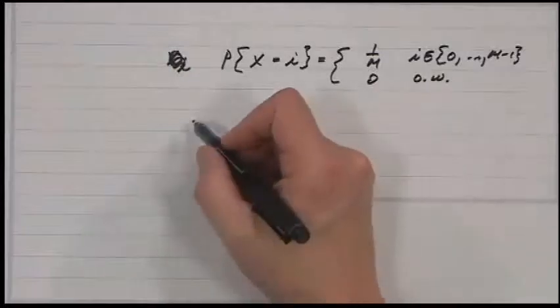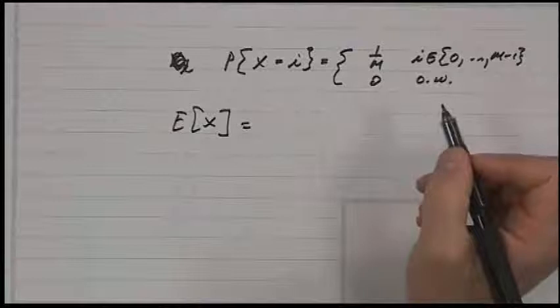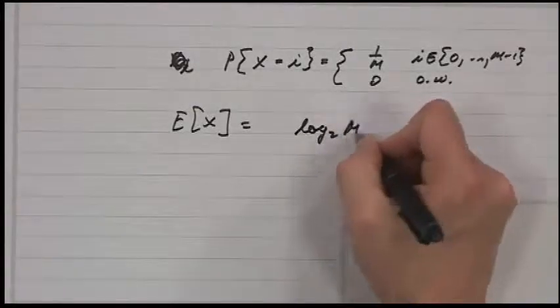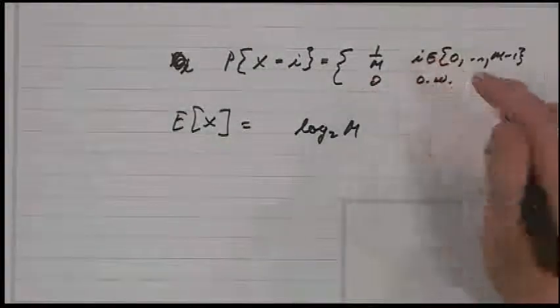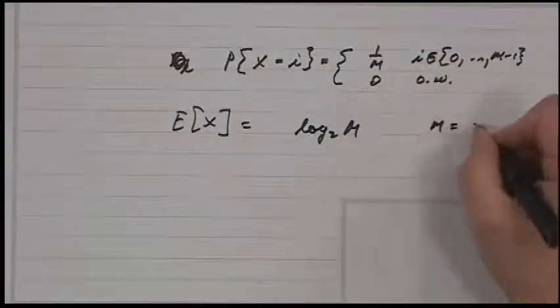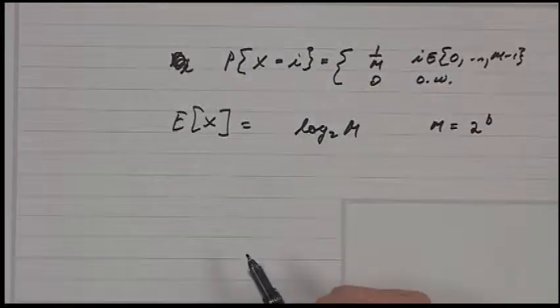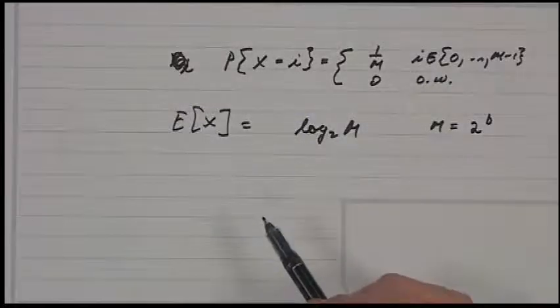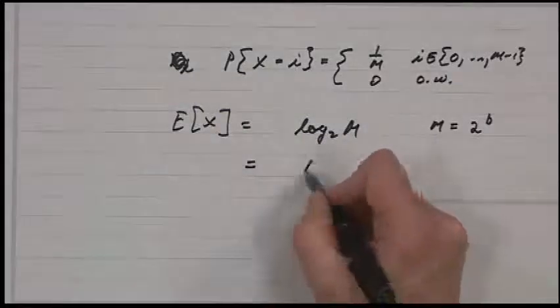In this case, the entropy of x is equal to the log base 2 of m. So if m is equal to 2 to the b, say there are 256 levels and the random variable is uniformly distributed between those, then the entropy is just b.